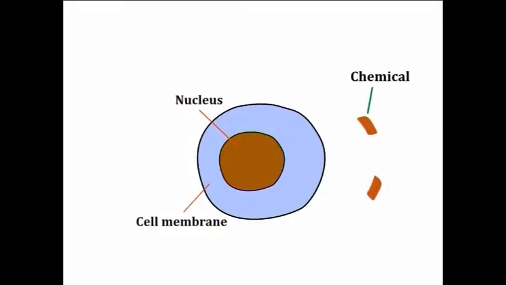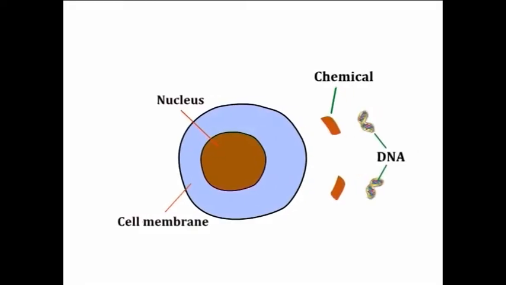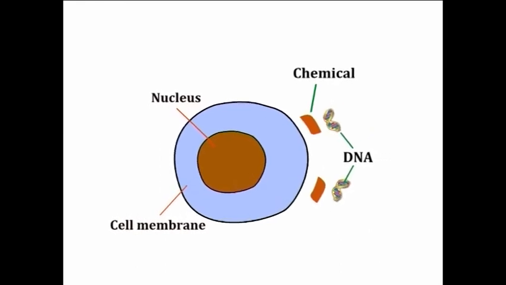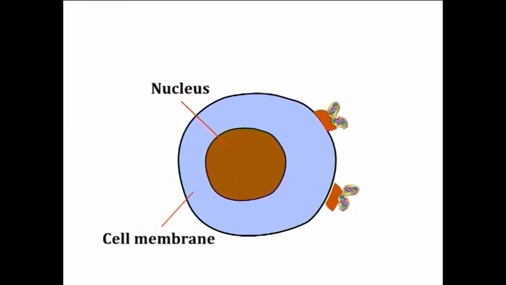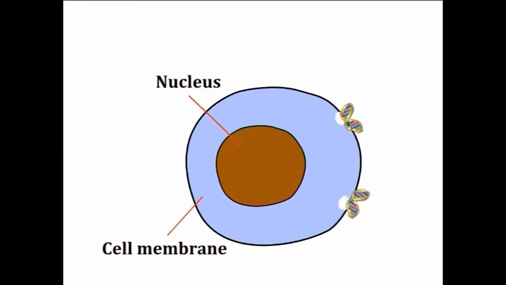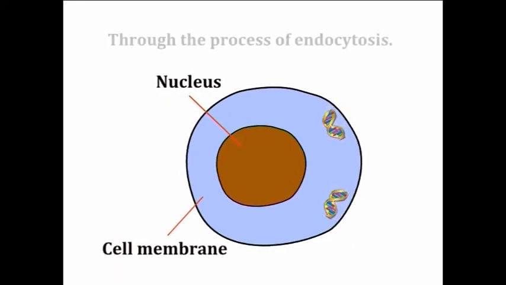The chemicals help the DNA to precipitate onto the outer surface of plasma membrane, and the DNA is taken inside the protoplast through the process of endocytosis.